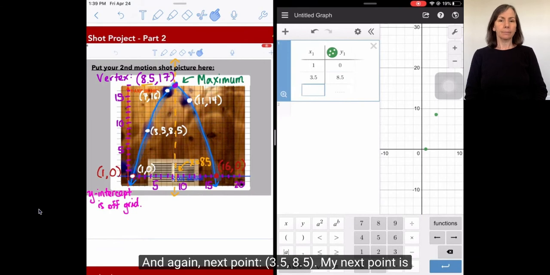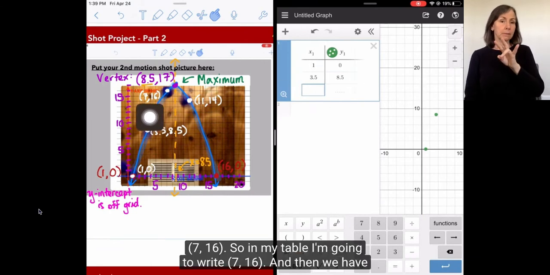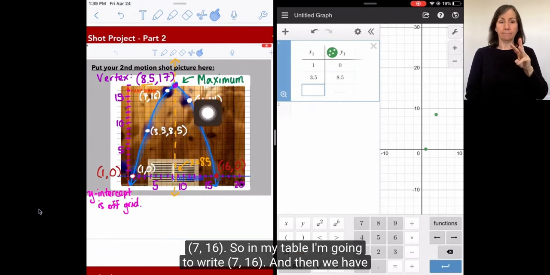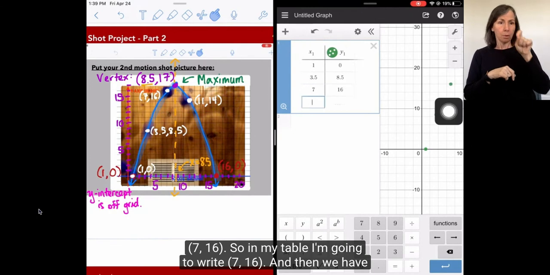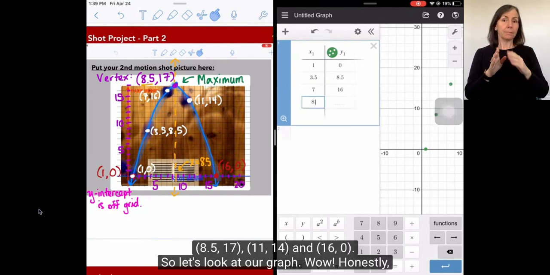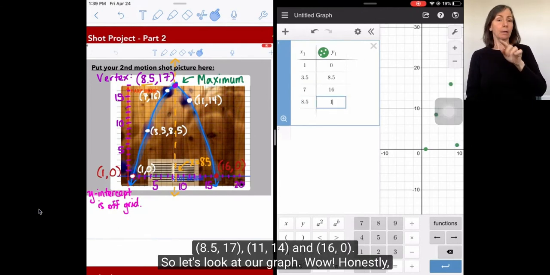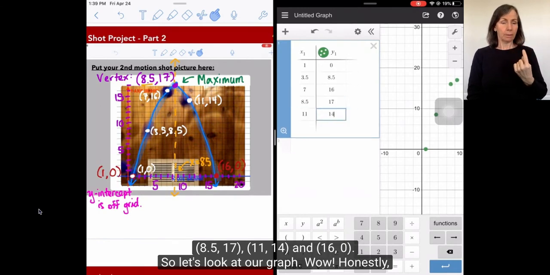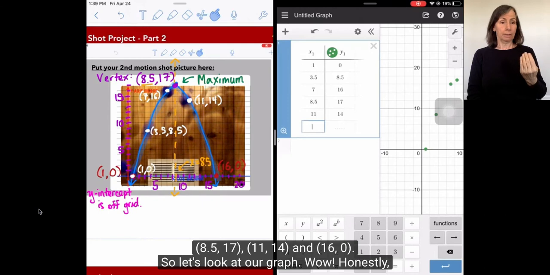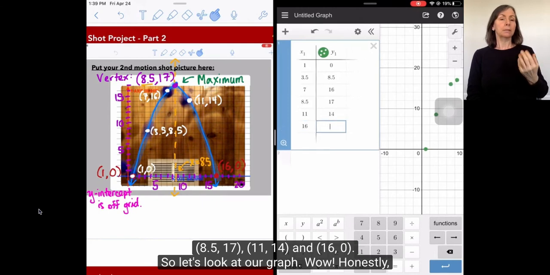My next point is 7, 16. So in my table, I'm going to write 7, 16. And then we have 8.5, 17, 11, 14, and 16, 0.